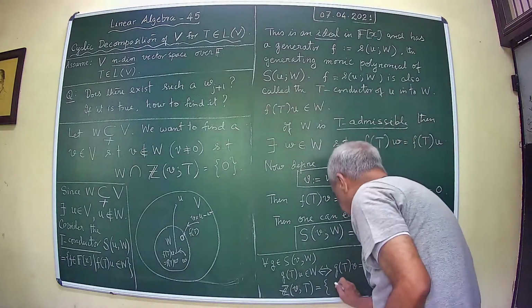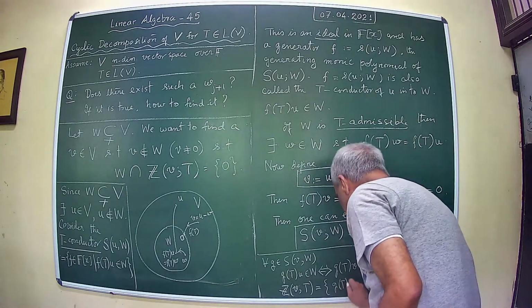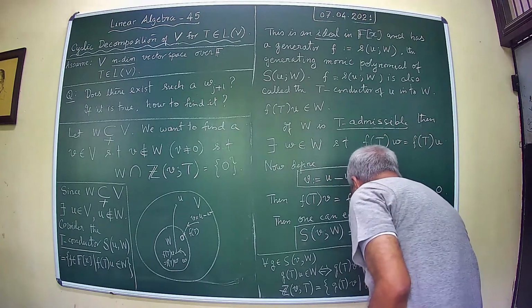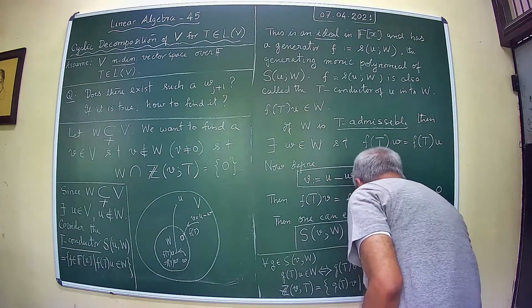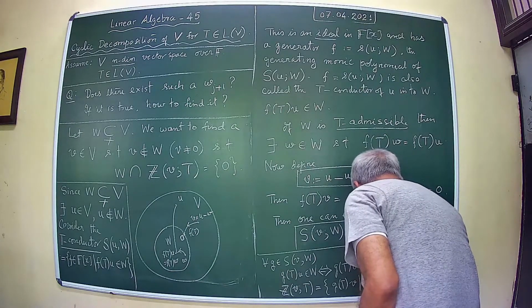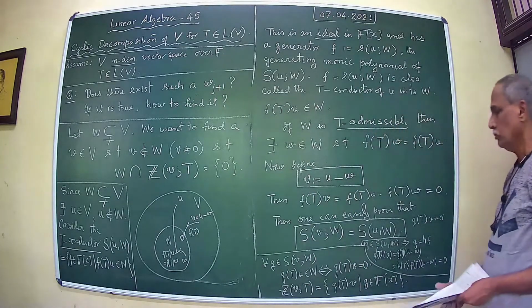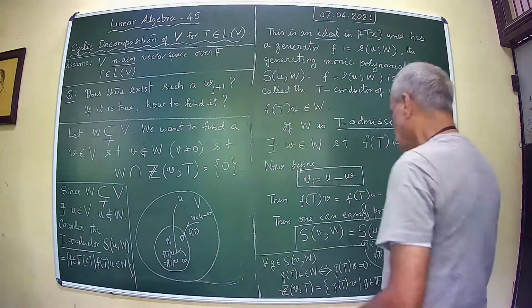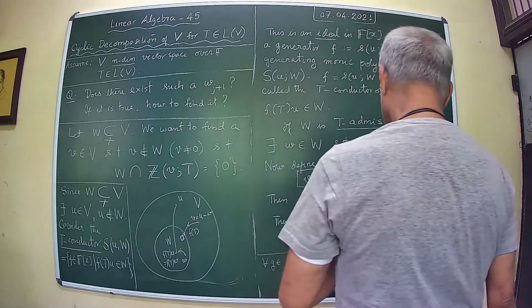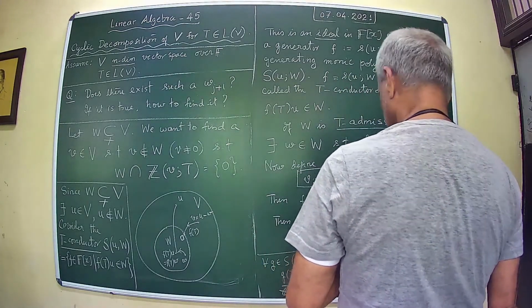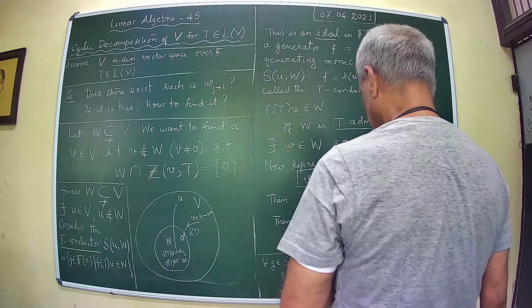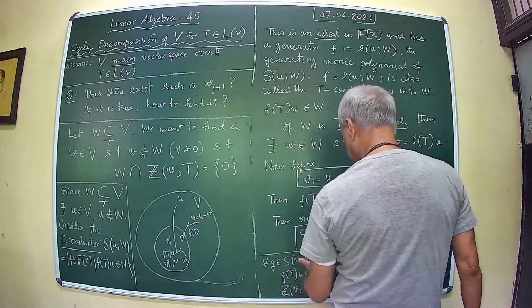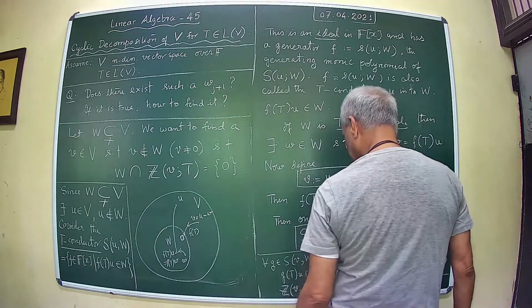ZPT is essentially... So for every G belonging to S P W, you have GT V equal to 0.